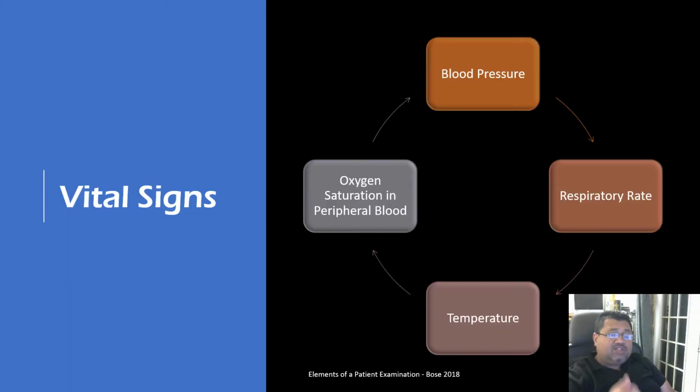In vital signs, you look for blood pressure, respiratory rate, temperature, and oxygen saturation in peripheral blood. These are the classic vital signs. There would be statements of pain being a fifth vital sign and things like that. Typically, you should not necessarily have to evaluate pain if there is no problem with pain.